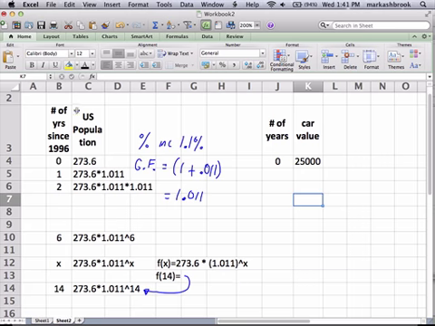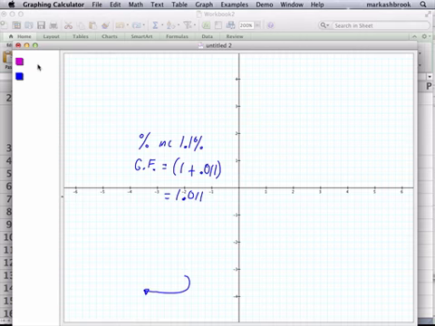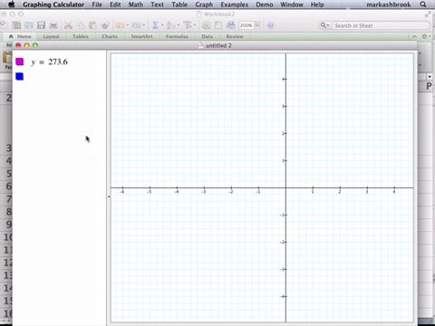We want to do that graphically at this point. So what was our function? y equals 273.6 times 1.011 to the x. Okay? Nothing shows up.